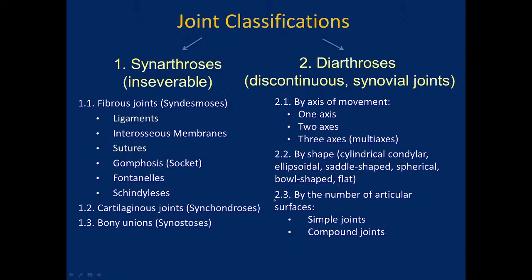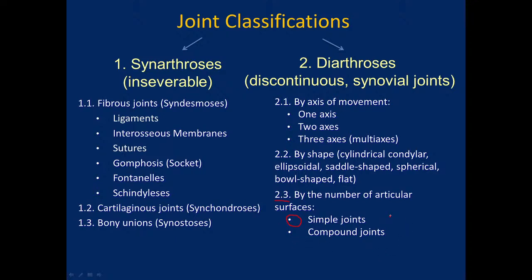And the third classification subgroup, or subdivision, of the diarthrosis is the classification by the number of articular surfaces. We distinguish simple joints.